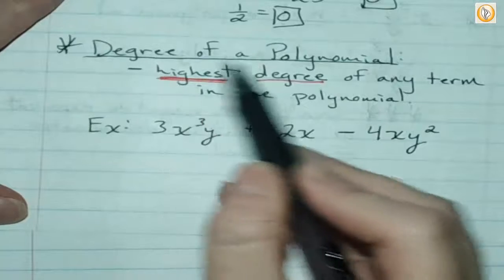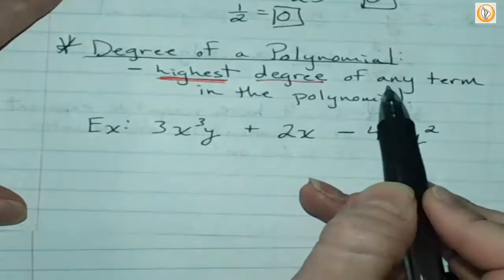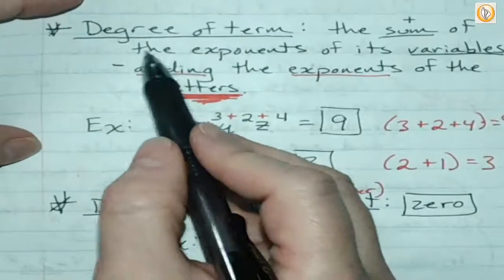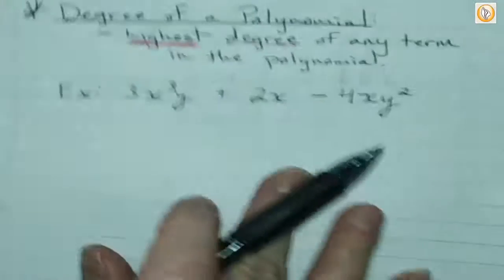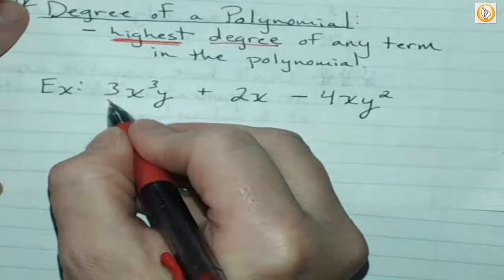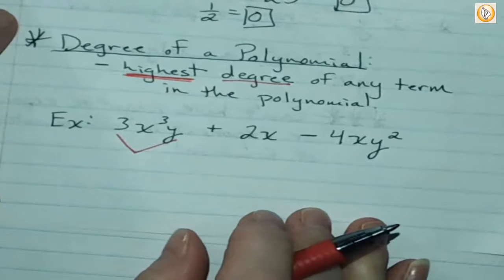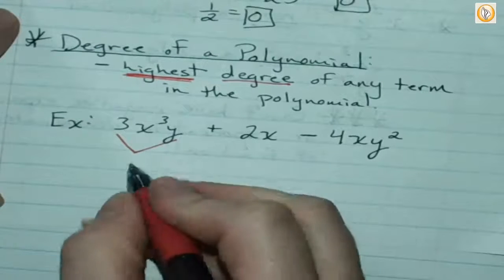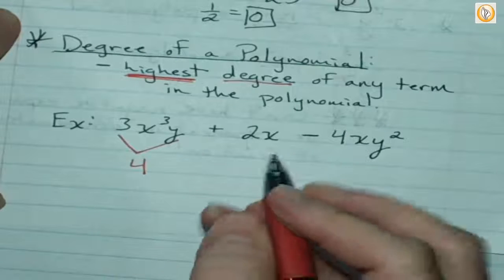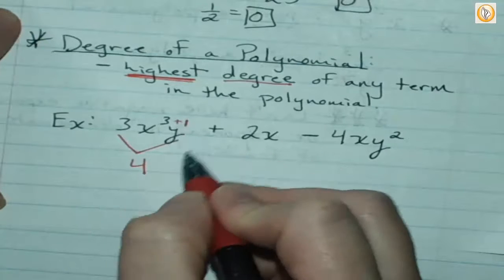If they were to ask what's the degree of the whole polynomial, you find the highest degree of any term. So we go back up here and we find the degree of each term. What is the degree of that term? Raise your hand. Gabby. 4, because 3 plus 1 is 4.